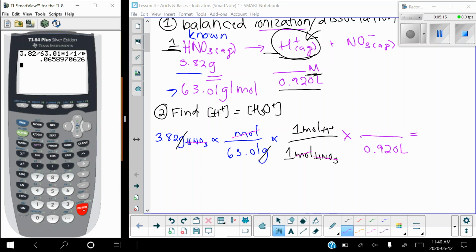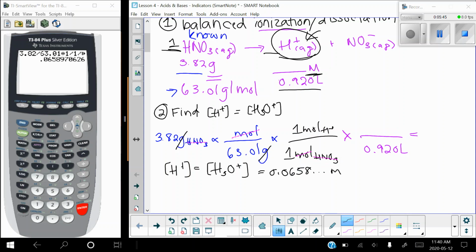I get a concentration of H plus, which we know is equal to H3O plus hydronium concentration, 0.0658... moles per liter. So I'm just going to leave that answer in my calculator for now.